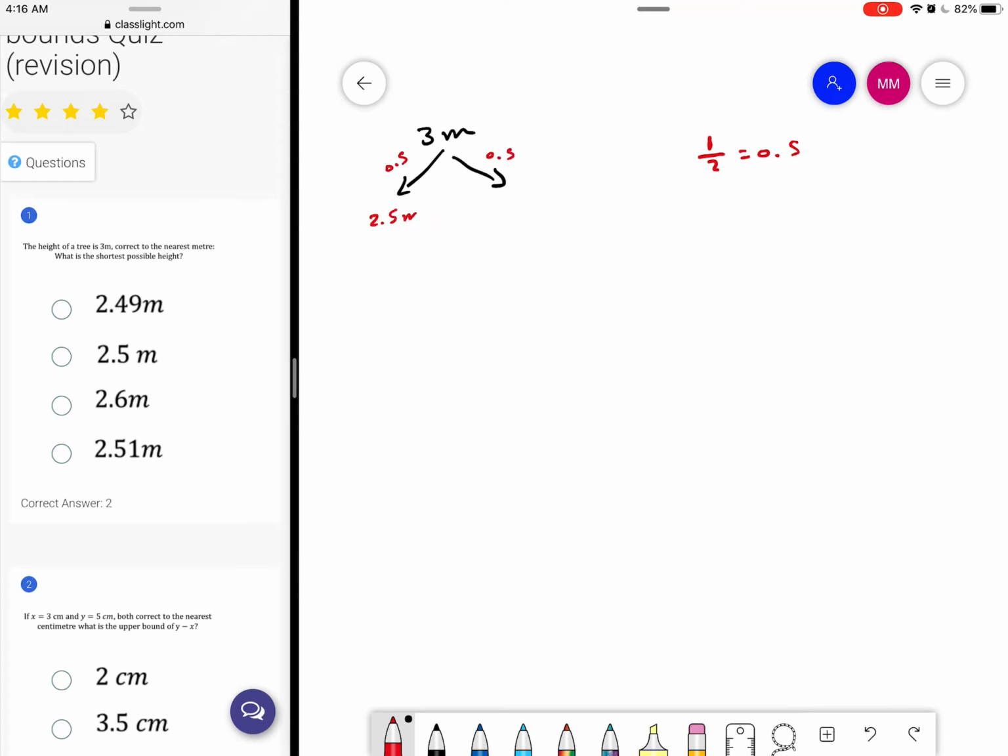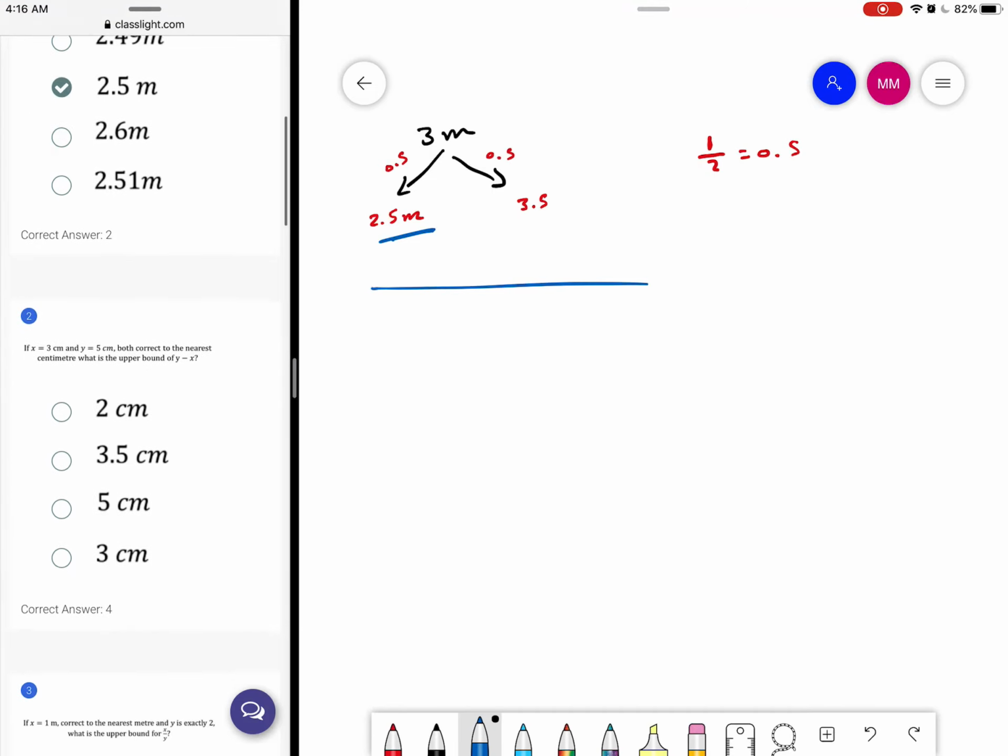It will be 2.5 meters for the lower bound, and 3.5 meters for the upper bound. After that, he said what is the shortest possible height? Of course it will be 2.5 meters, because it must be the lower bound.